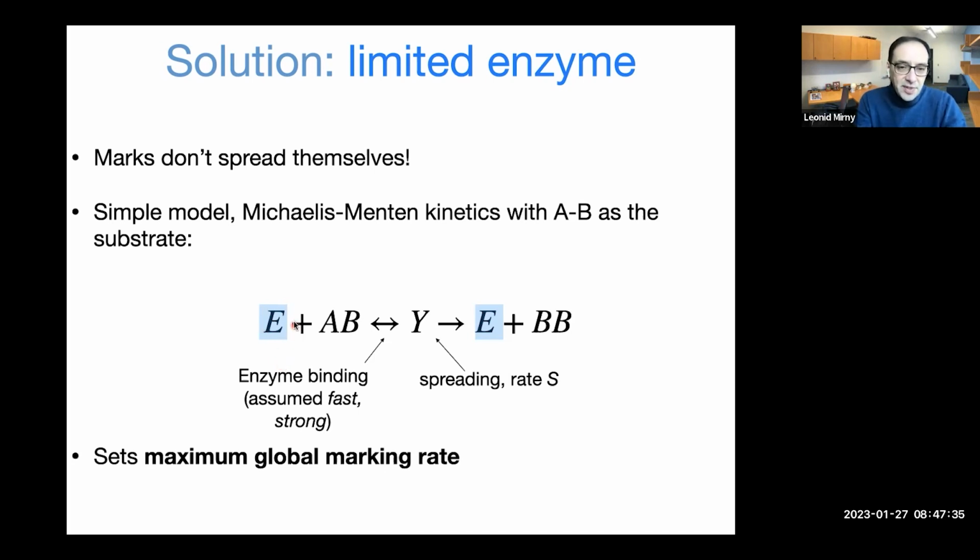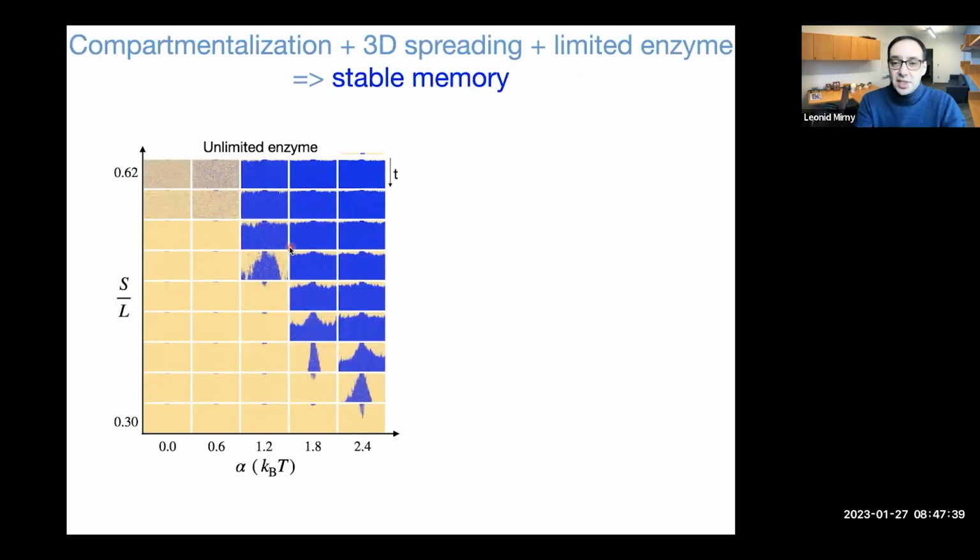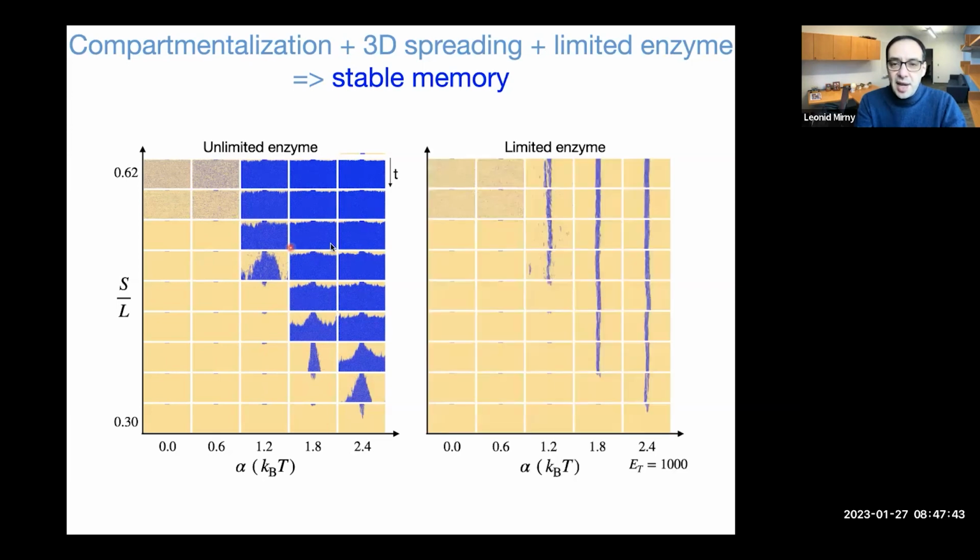So the simple modification of the model was to introduce the limited enzyme, and it changed everything. Because now, if we try different values of the parameters, under conditions of sufficiently strong self-attraction, we get into the regime where the memory is very stable. In all of these conditions, over a broad range of S over L parameters, the initial pattern of marks is very, very stable.